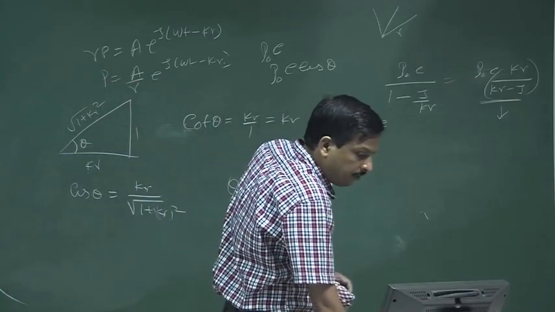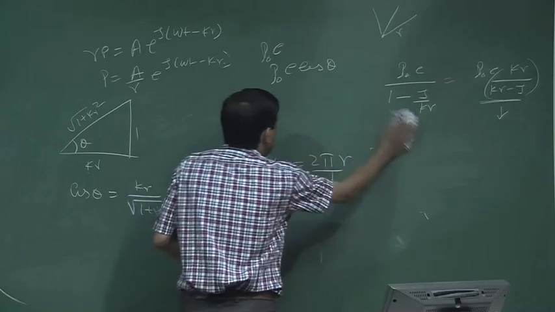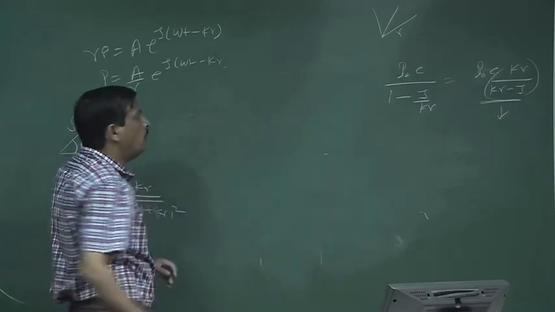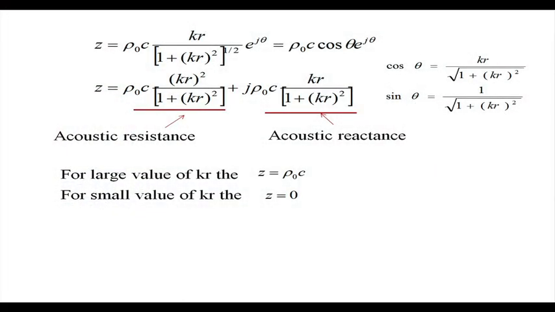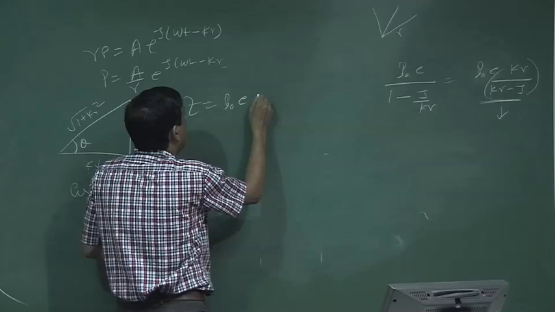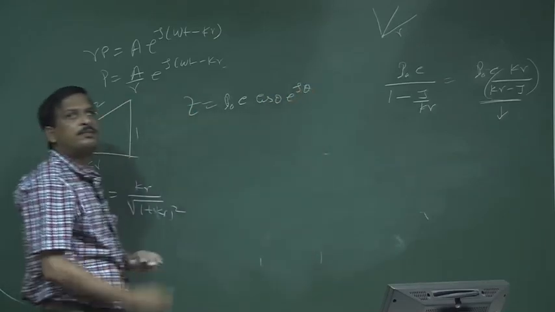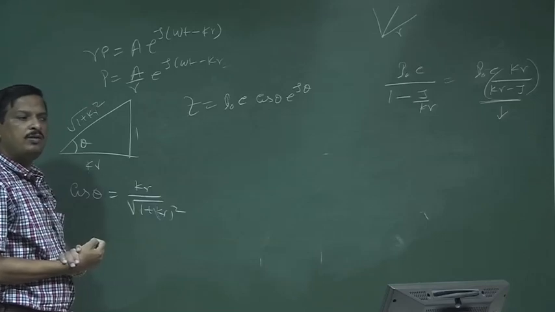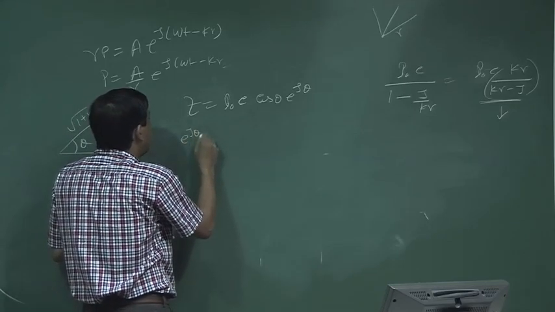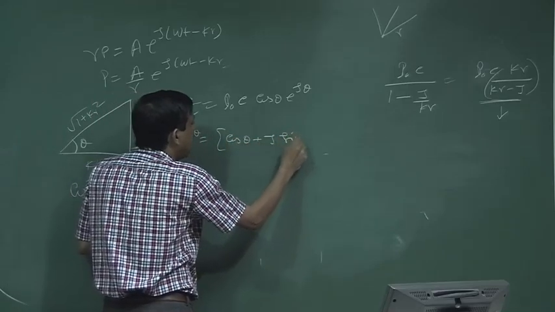Okay. Now, I can express Z in other terms also. You have seen that Z is a complex function, so it is a 2 parameter function. So, Z is nothing but rho 0 c cos theta e to the power j theta. Now, what is e to the power j theta? It is nothing but cos theta plus j sin theta.